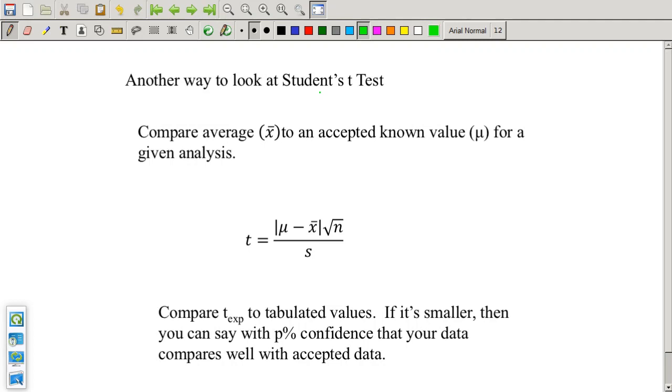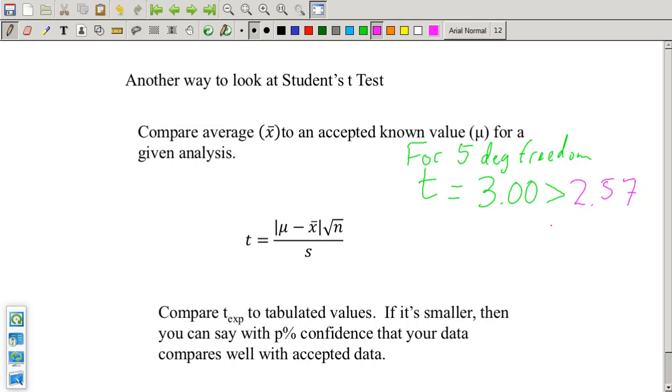Okay, so in this particular case, if I calculated for 5 degrees of freedom, if I use this equation to calculate the t-value for that, and I got a t-value of 3.00, that's greater than the tabulated value, which we read as 2.57.